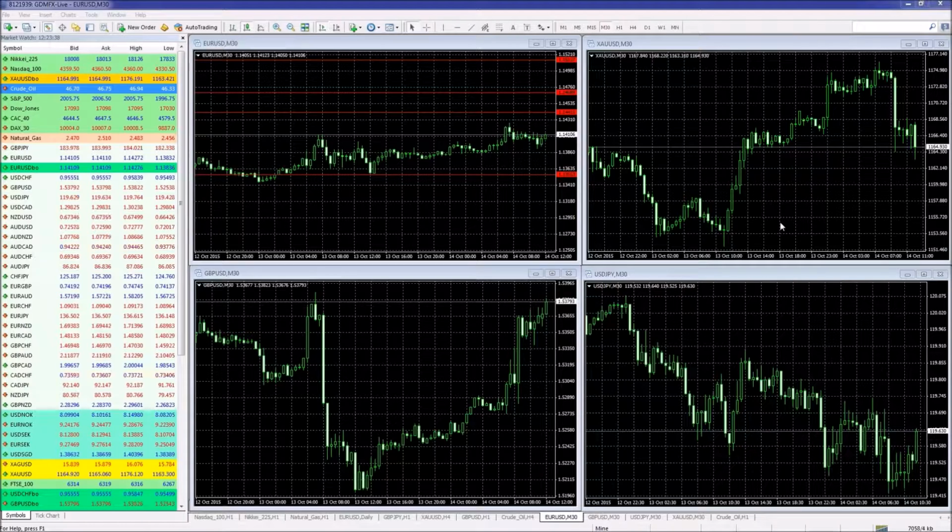Also, whatever numbers that might come out, regardless of whether they're good for US or bad for US, we are expecting gold to edge higher. However, there is a level of 1186, that's $1,186 an ounce.